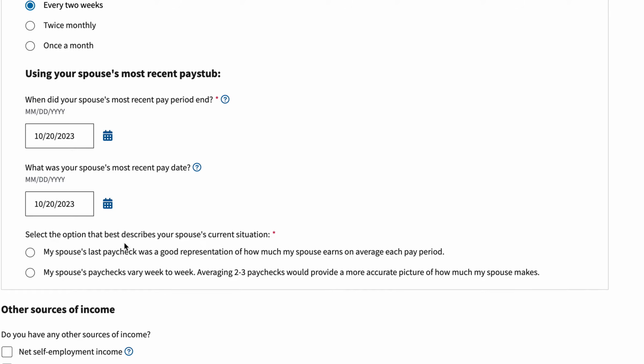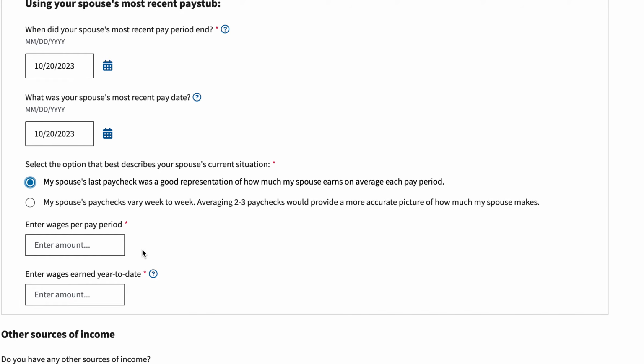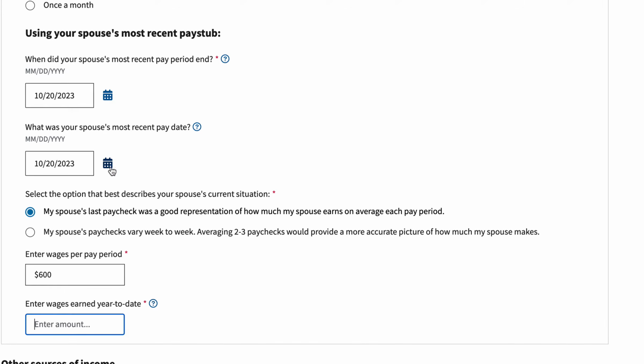So let's select the option, my spouse's paycheck was a pretty good representation, mainly because I don't want to enter 2 to 3 more paychecks. So let's just say she earns $600 a week, and she's been doing this every week.